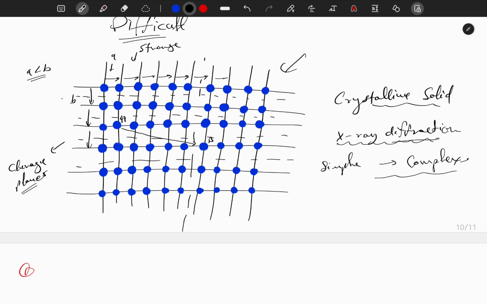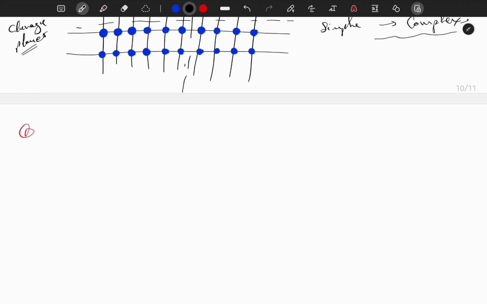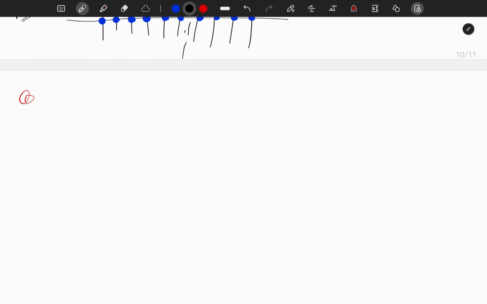We can cut through a crystal in this plane also, but it will require more force as compared to this direction. So the planes through which we can easily cut a crystal are called cleavage planes. That's how the internal structure of the crystal shows up in the real world.